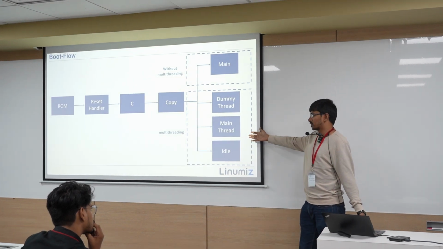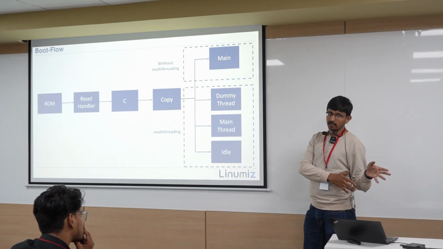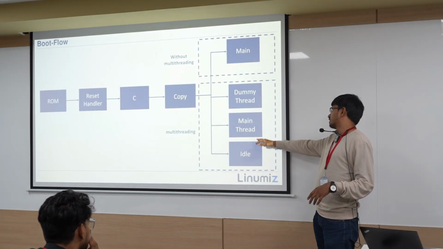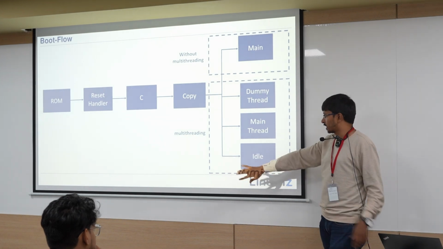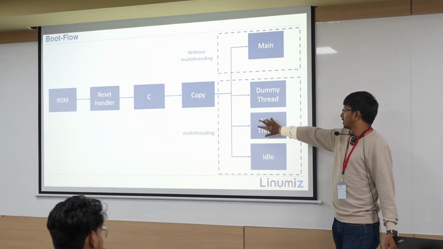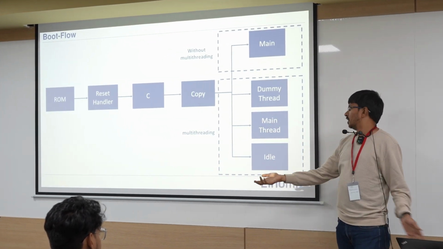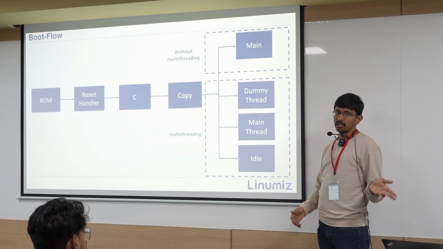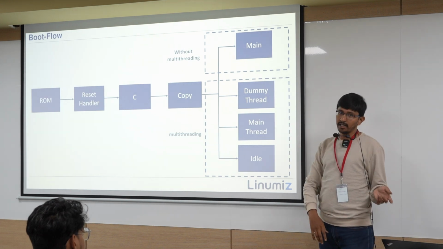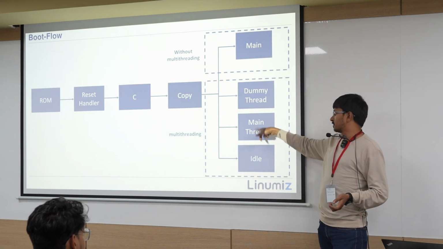MSP430 provides one form of it, and ST provides completely different idle procedures. This is an idle thread which needs to be scheduled by the scheduler when there is no activity to be done. And the last piece is where your main function is called, the actual functionality. From there you probably create additional threads, for multiple other functionality which needs to be initialized.